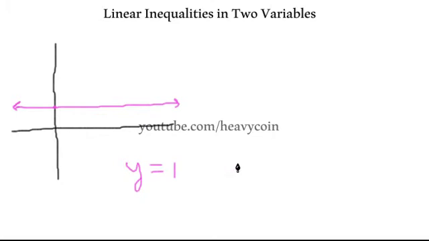But what if I were to say y is greater than, or let's say equal to 1? We want to graph this. So what we're saying here is, listen, all values of y that are greater than 1 or equal to 1. Well, we know equal to 1 is a line, right? And so we have an infinite number of dots here that make up this line.